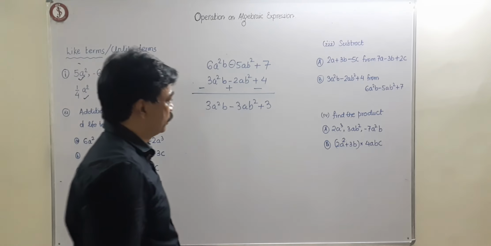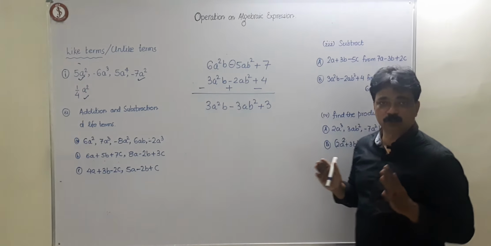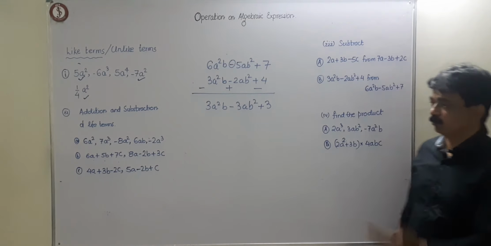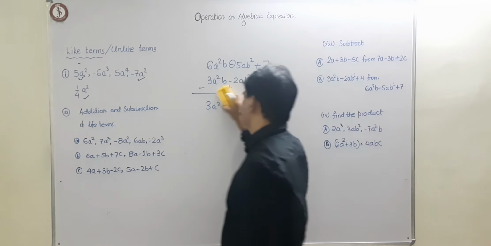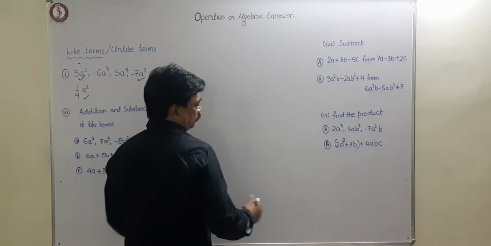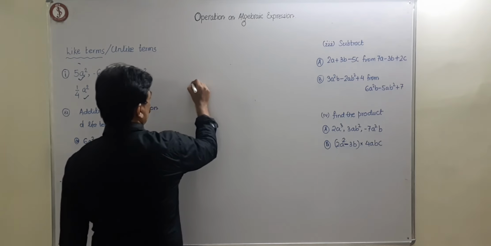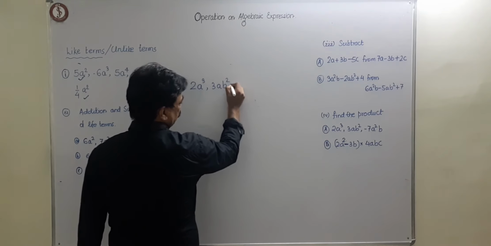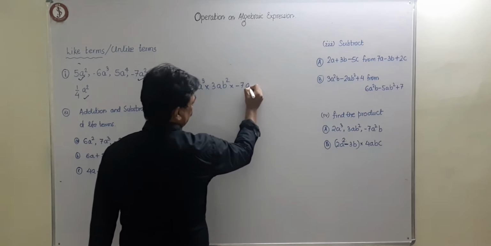Now we move on to the next one. Like terms are compatible with respect to addition or subtraction, but for multiplication, any term can be multiplied with any term. Let us see. We have 2a cube, 3ab square, and we are multiplying into minus 7a square b.